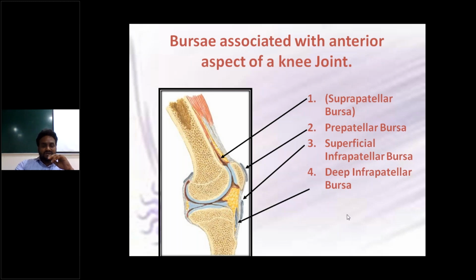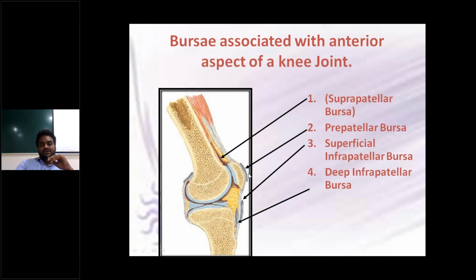What is a bursa? Do you know what a bursa is? A bursa is nothing but an extension of the synovial membrane with a cavity. In the case of the knee joint, this is the largest joint, so with the largest synovial cavity, obviously we can find very big bursae, especially anteriorly, where we can see the 4 bursae.